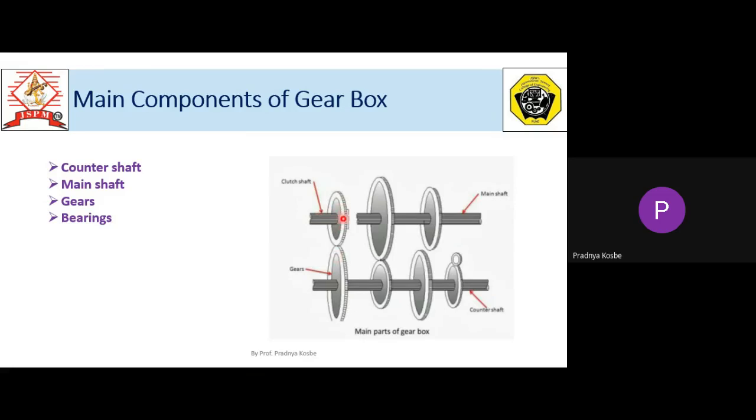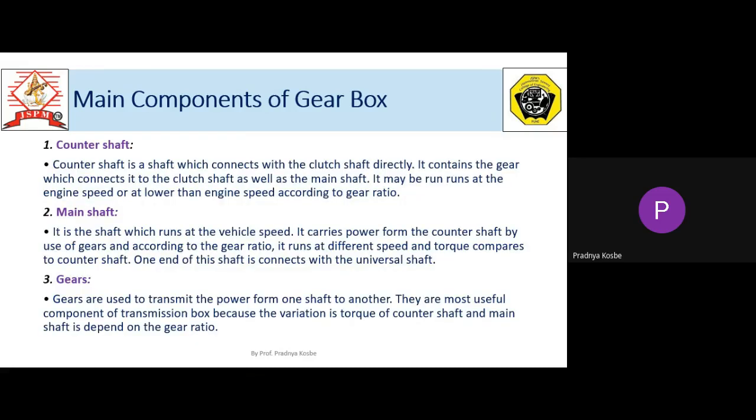Two gears are meshing with each other, so it is connected directly with the clutch shaft. It consists of the gear which connects it to the clutch shaft as well as to the main shaft. It may run at the engine speed or at lower than engine speed according to the gear ratio.